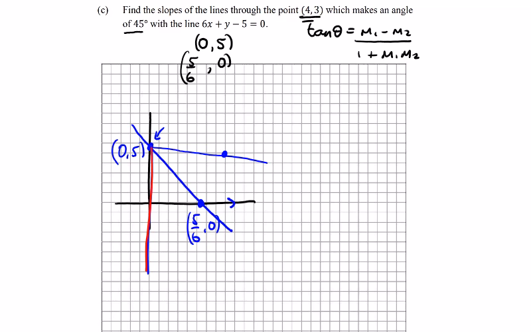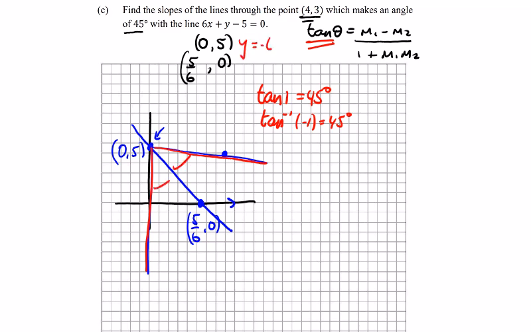We don't need the point 4,3 then. The inverse tan of 1 is equal to 45, and the inverse tan of minus 1 would also be equal to 45. So we have two answers for the tan of theta, or 135, whatever way you want to look at it. So these are both 45.